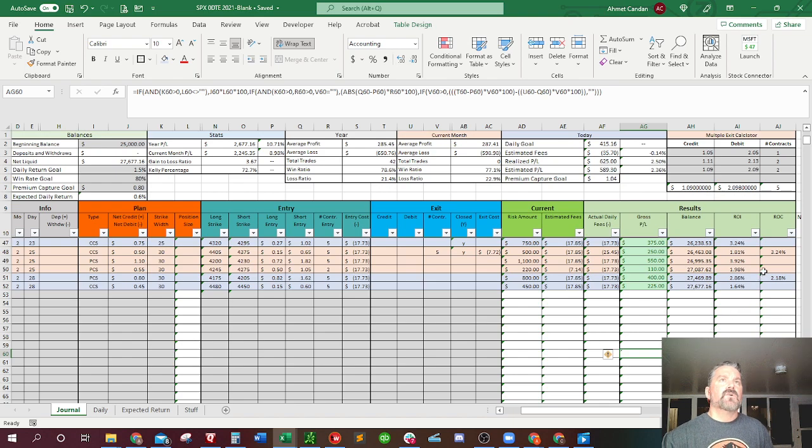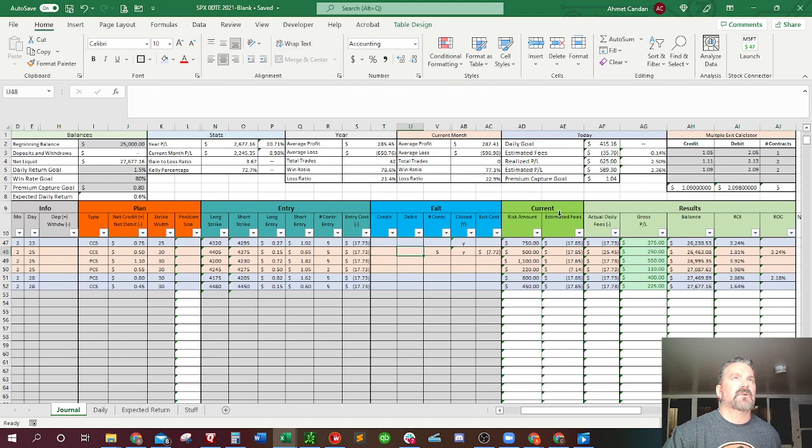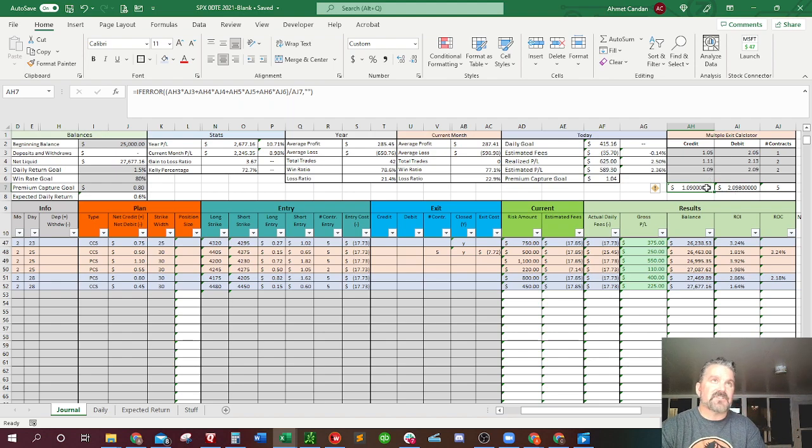So now what this will do is give you the values that you should enter into these cells. So your credit should be 1.09 and your debit should be 2.098. You don't want to copy and paste these into those cells, because if you were to do Control C and paste it over here, what you're actually pasting is the formula.